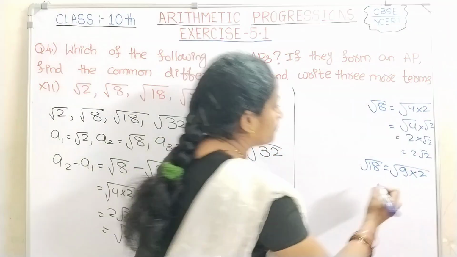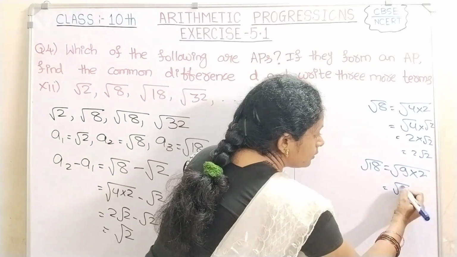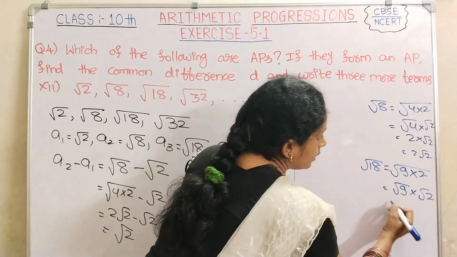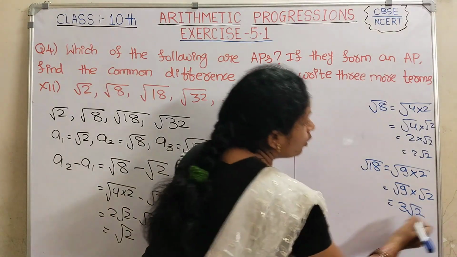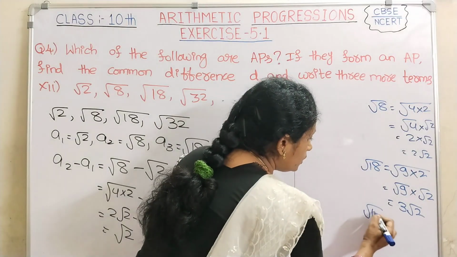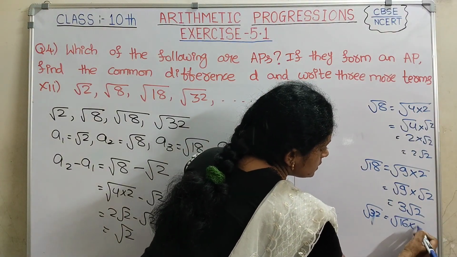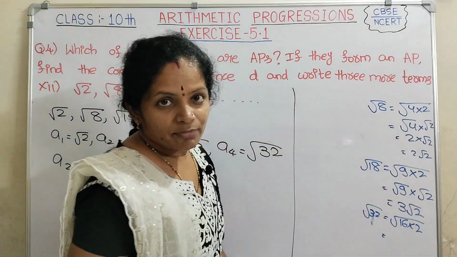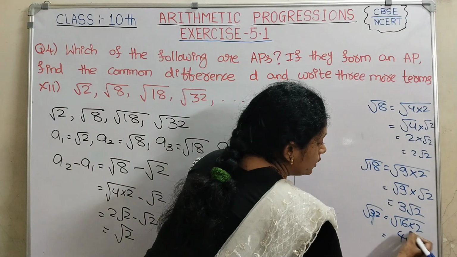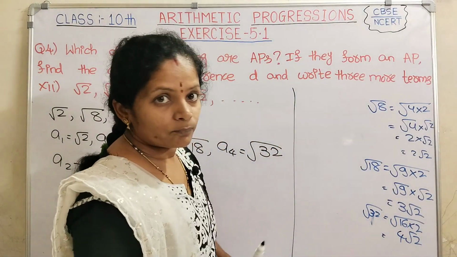Root 9, we know that it is 3 into root 2. Next, root 32 can be written as root of 16 into 2. Root 16 can be written as 4. 4 into root 2. Isn't it?